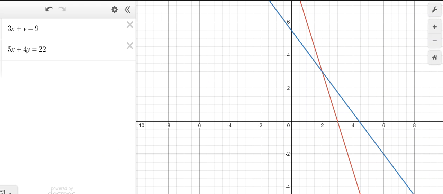Now, I'm going to do the same thing here. Let's just recap slightly. What's the problem with my elimination method? Nothing's the same. But I can change one or other so that I do have the same number of x and y by applying some transformations. So which one? We've got 3x's and 5x's.